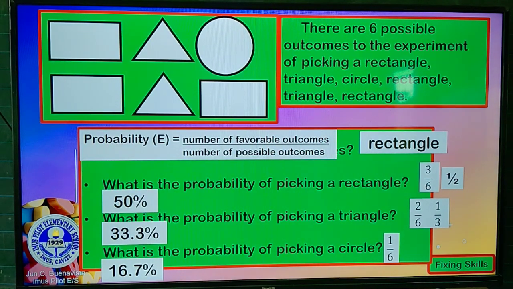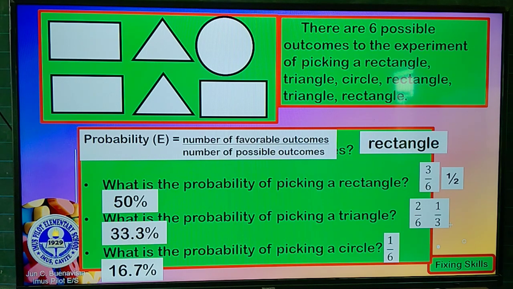So probability equals the number of favorable outcomes over the number of possible outcomes. Take note, we do not divide that. We change our fraction to lowest term, but we are not going to divide. We only divide if we change it to percent. Again, probability can be expressed as a fraction, percent, or decimal number.